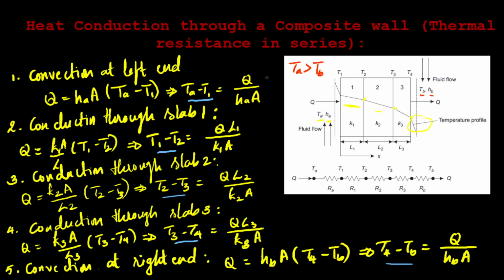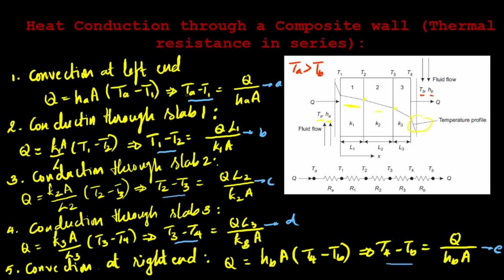You can call this equation A, this is equation B, this is equation C, this is equation D, and you can call this equation E. Now I'm going to add equations A, B, C, D and E.